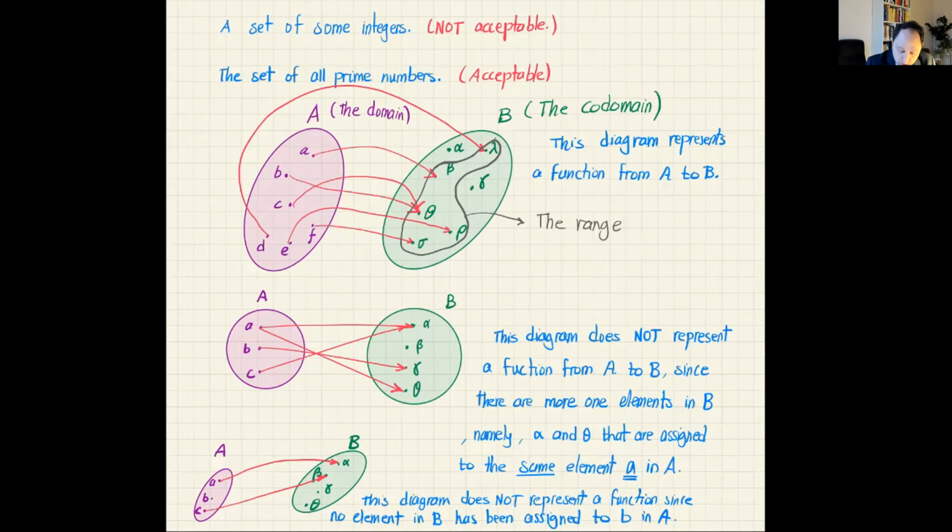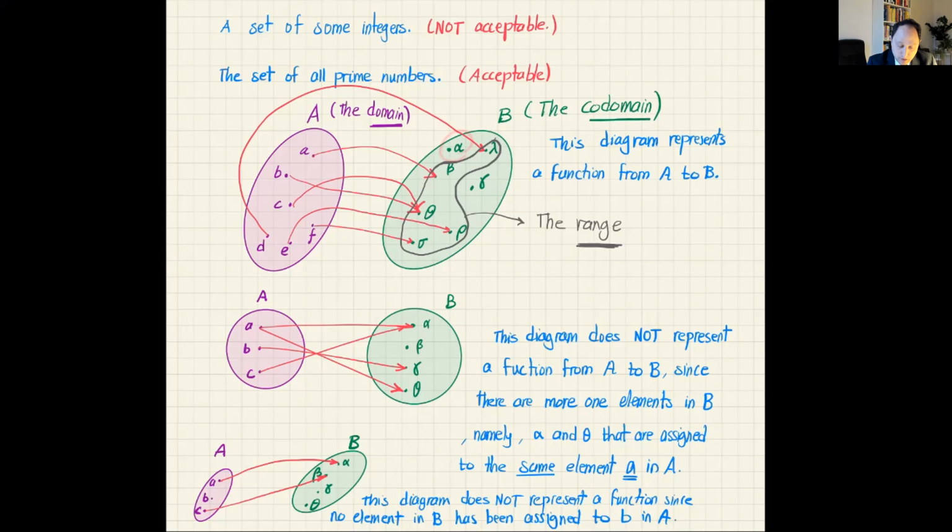These are the words I want you to know a little bit about: the range, the domain, and the codomain. These are very important when you are studying functions. The domain means the elements of the set on the left that you are supposed to assign something to. The codomain is the collection of all items in the second set, but sometimes some of these elements don't receive any arrows.